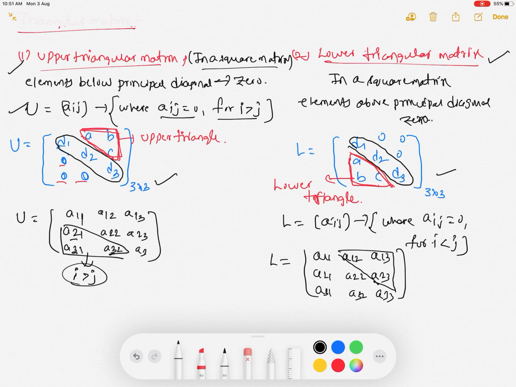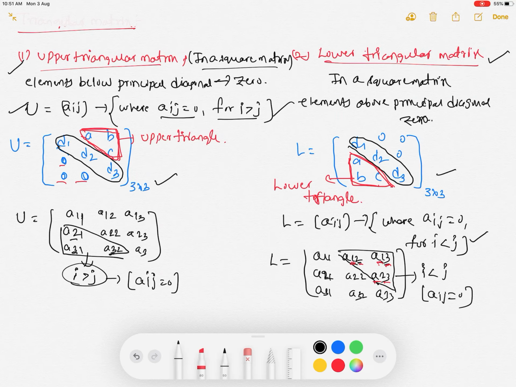That's why we call it a lower triangular matrix. Upper triangle elements are becoming 0 where i is less than j. So elements are becoming 0 for i less than j. This is the general expression we can give.